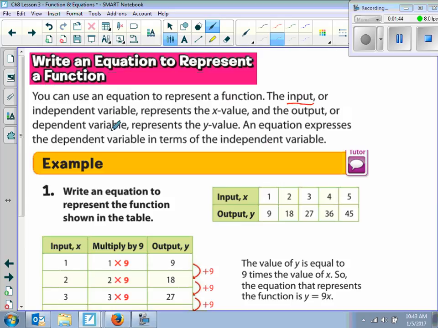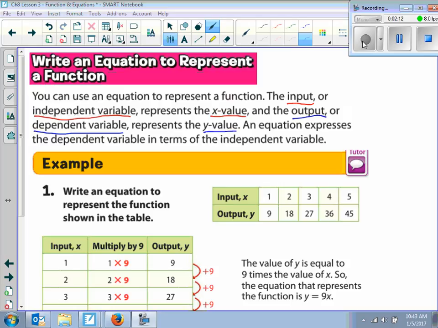The input is also called the independent variable, which is also called the x value. If you have that written down somewhere in your spiral notebook already, you don't have to write it down again. But if you don't have it written down, you should write it down. The output is also called the dependent variable, which is also called the y value.